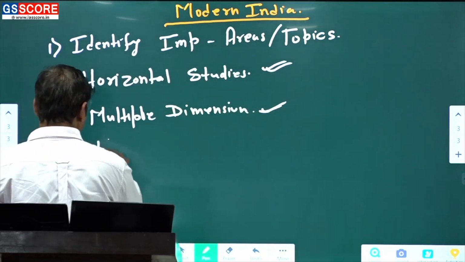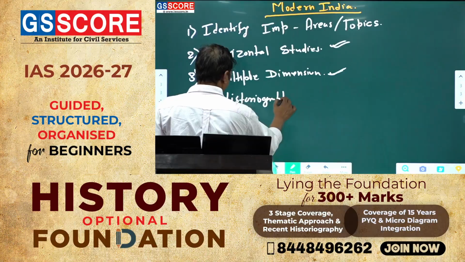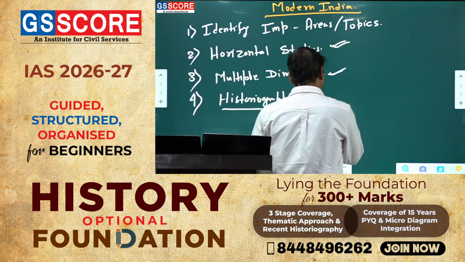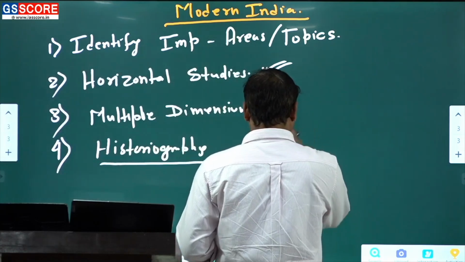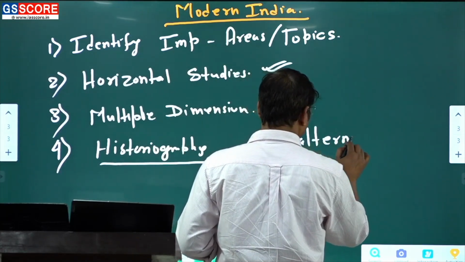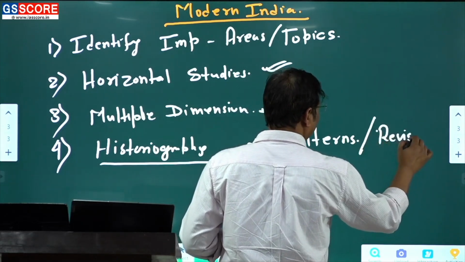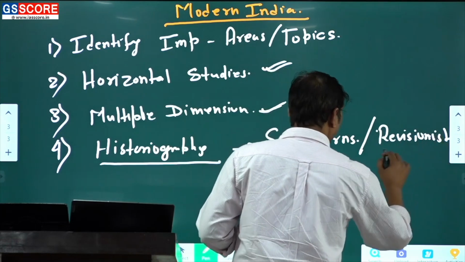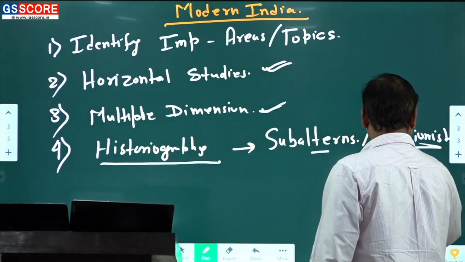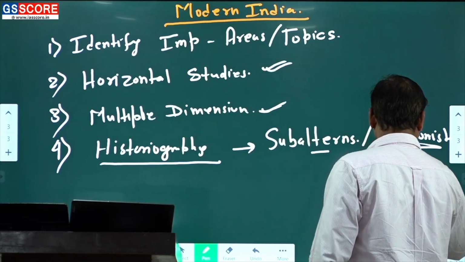Fourth, change your historiography. Instead of writing about the same old historians, you will now focus more on subalterns first, and then the revisionists. You should focus more on these two, and there you can find some new names.